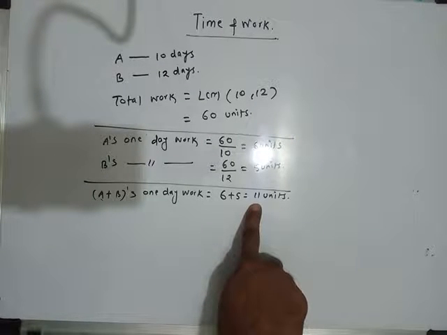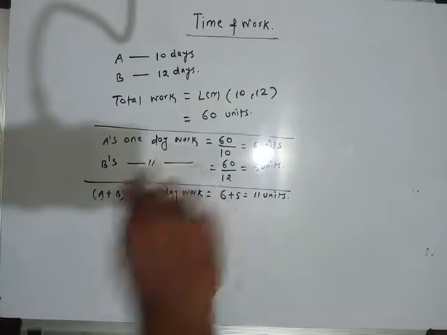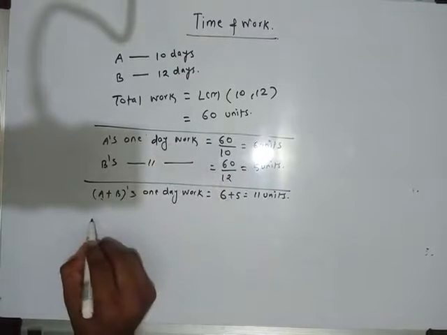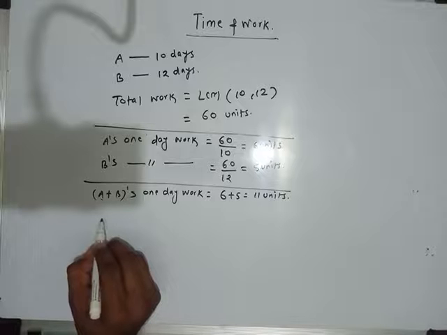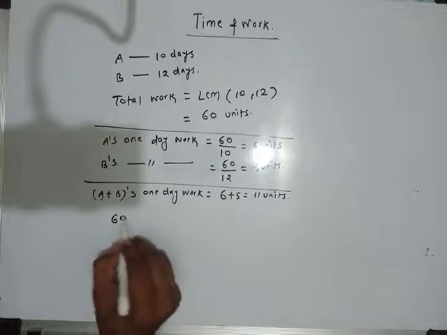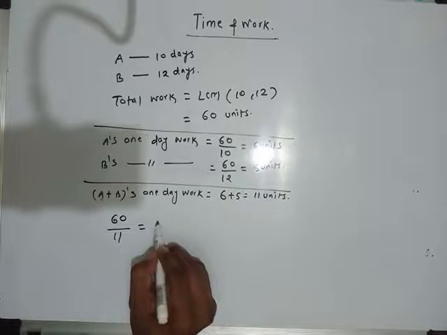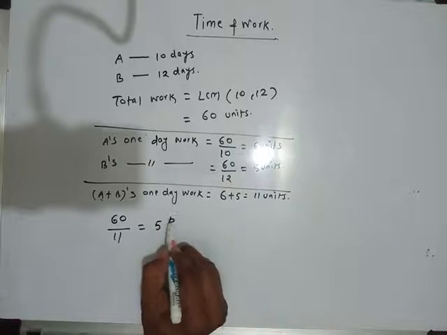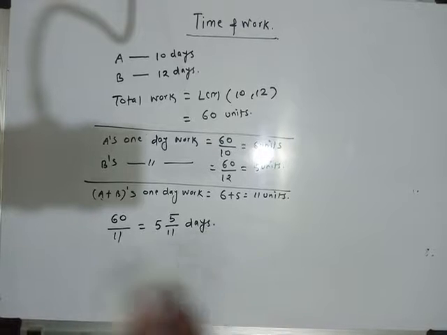So in how many days will they complete 60 units of work, because the total work to be done is 60 units? The days taken by A and B to complete the 60 units of work will be equal to 60 by 11, which is 5 days, since 11 fives are 55, and the remaining 5 by 11 days.